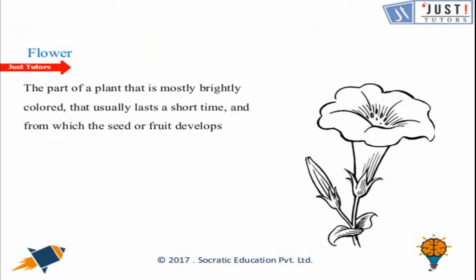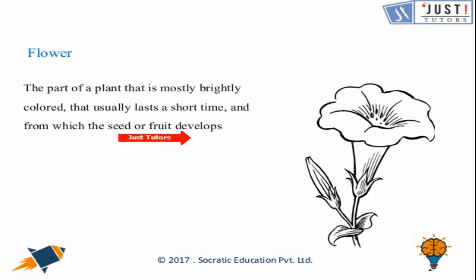Now we'll look into the flower. So flower, you must have seen flower in real life. You can see lots of flowers like rose and marigold. There are many flowers. The flower is the part of a plant that is mostly brightly colored, that usually lasts a short time, and from which the seed or fruit develops.